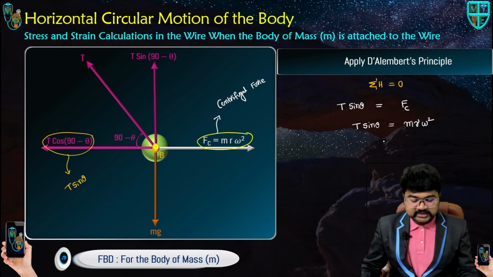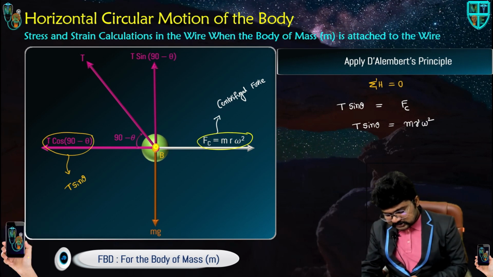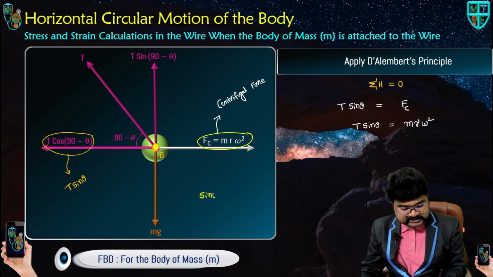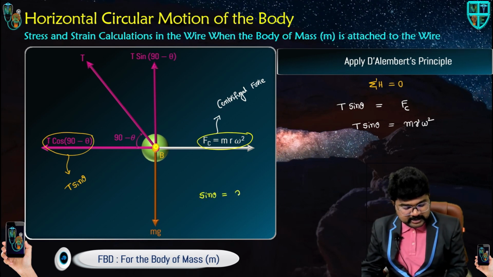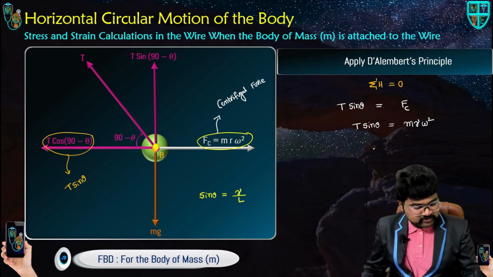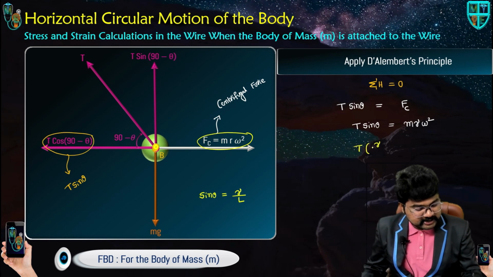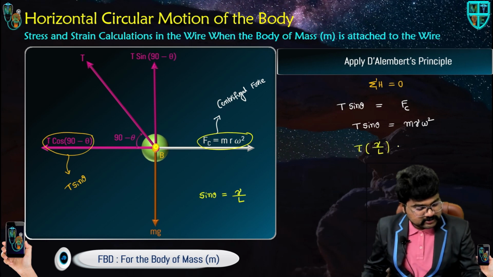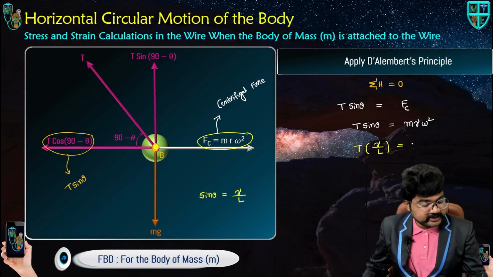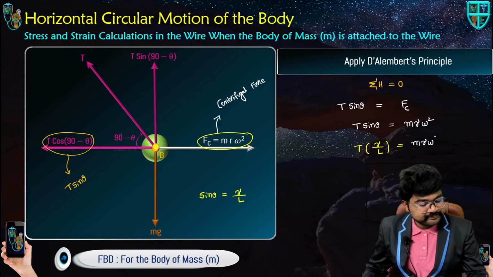Here sin theta we already know. What is sin theta? Sin theta equals to R by L. We can substitute: T times R by L equals to m r omega square.